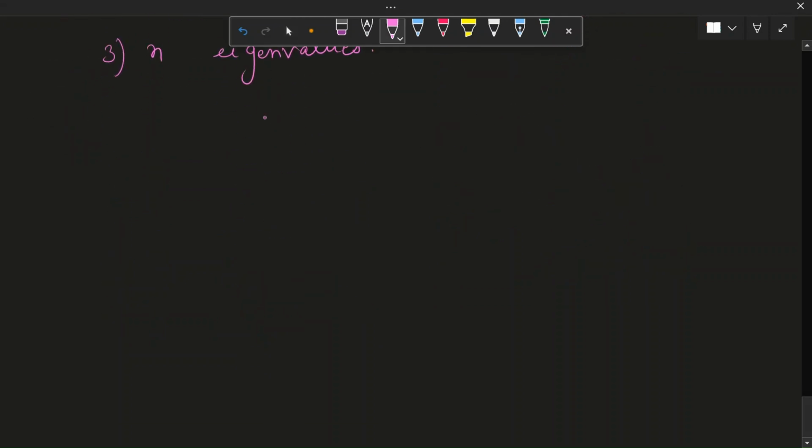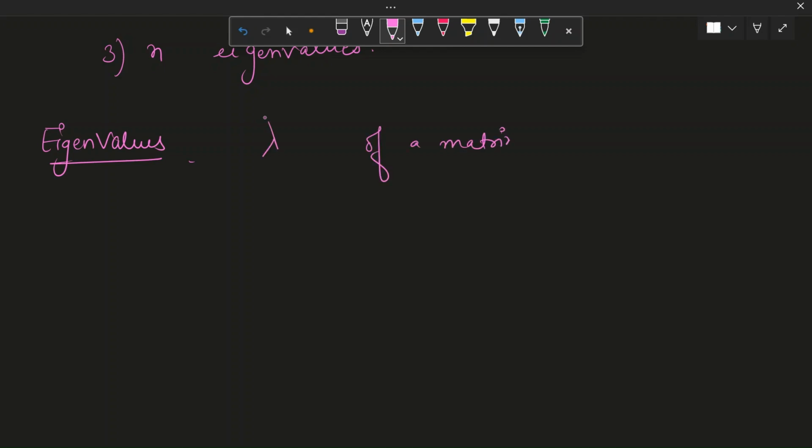So let's talk about eigenvalues. An eigenvalue lambda of a matrix A satisfies the equation (A minus lambda I) V equals 0, where A is our given matrix, I is the identity matrix, lambda is an eigenvalue, and V is the corresponding eigenvector.